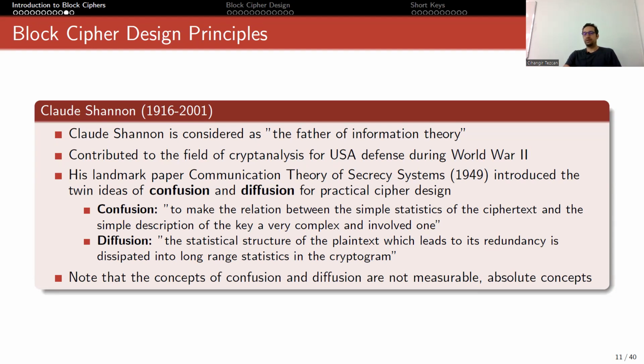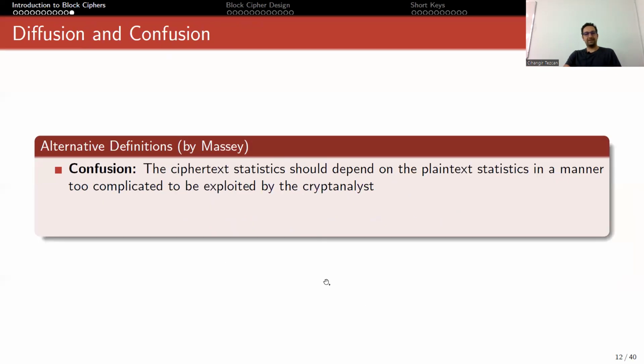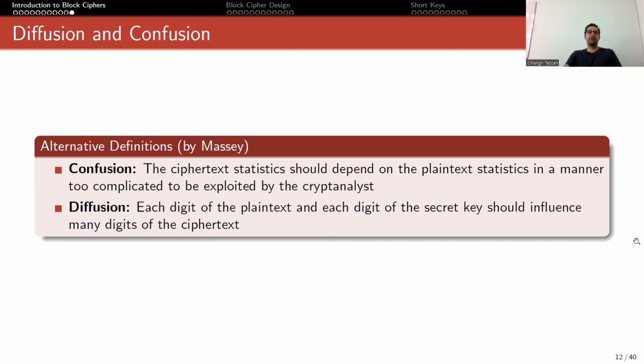They are abstract. So Massey tried to give alternative definitions for that. Confusion: the ciphertext statistics should depend on the plaintext statistics in a manner too complicated to be exploited by the cryptanalyst.